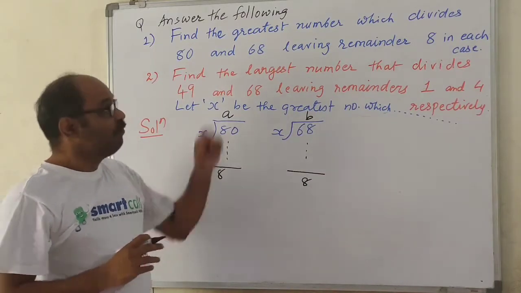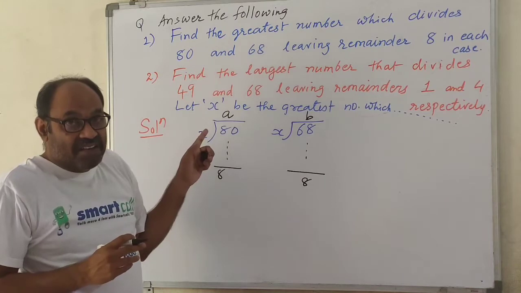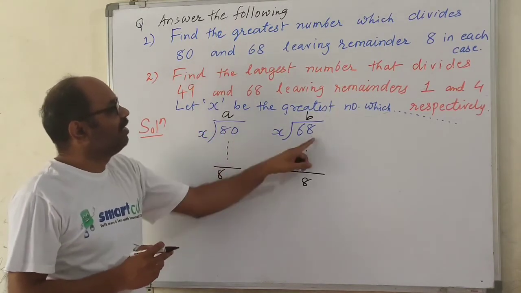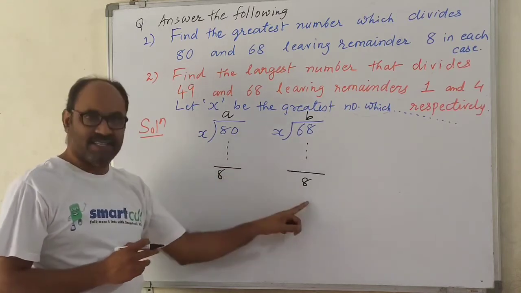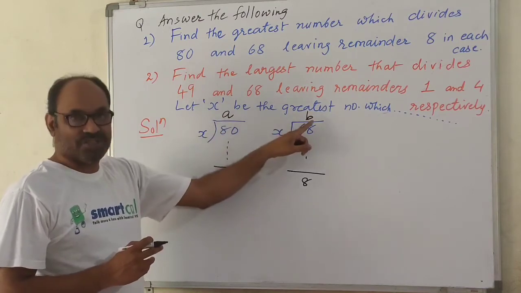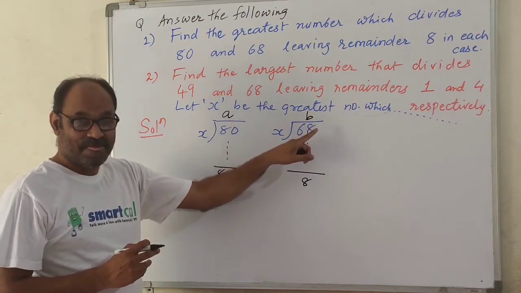Are you getting me? Find the greatest number. Let that greatest number be x. So when you divide 80 by that greatest number and 68 by greatest number, the remainder is 8 in each case. The quotient in the first case is A, the quotient in the second case is B.